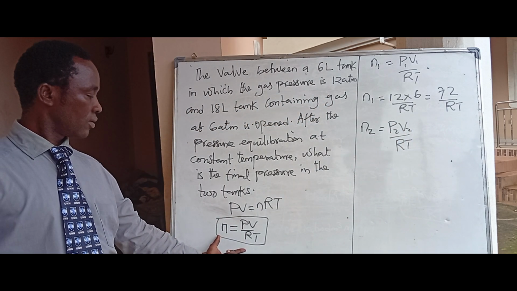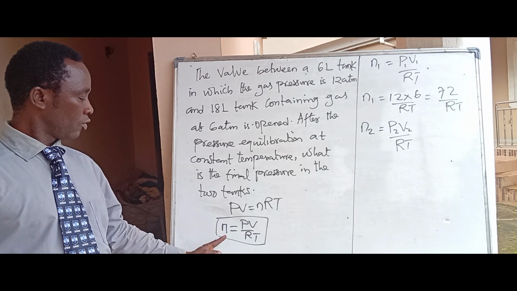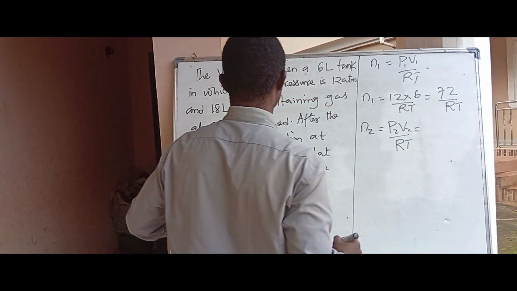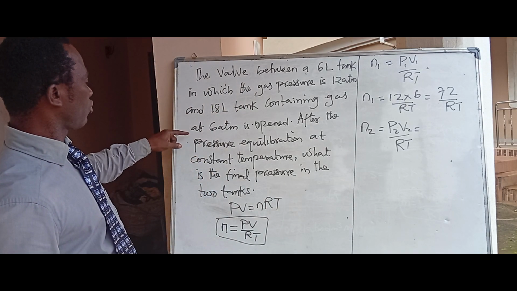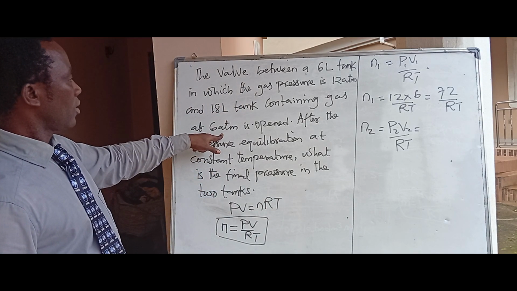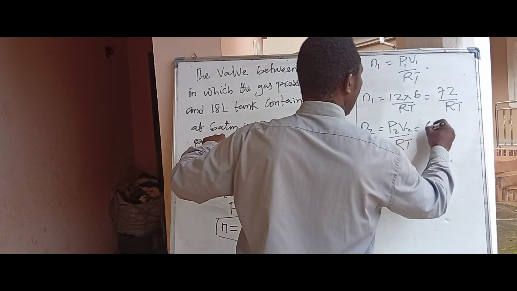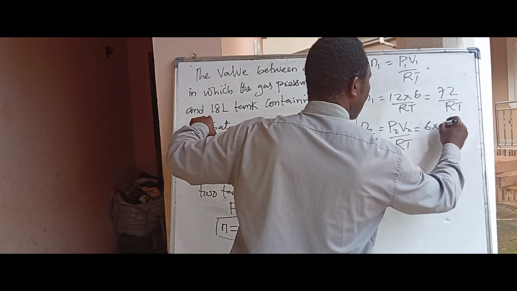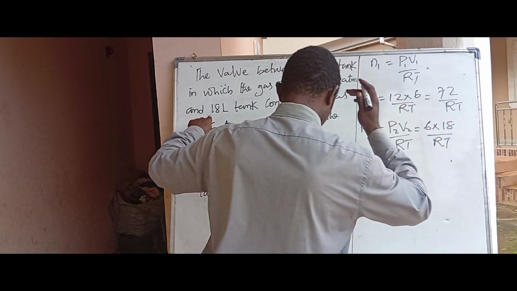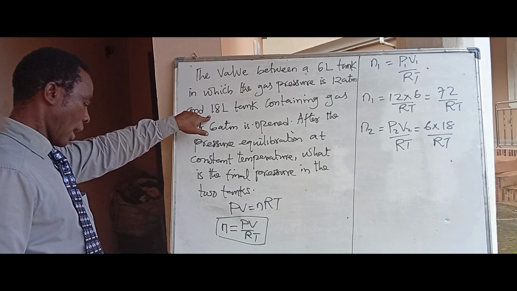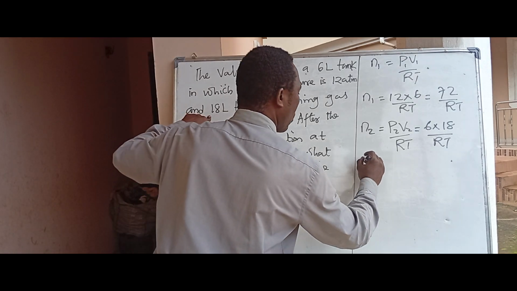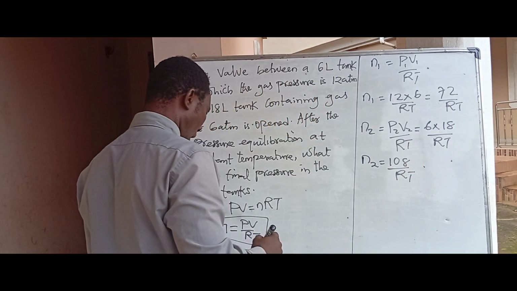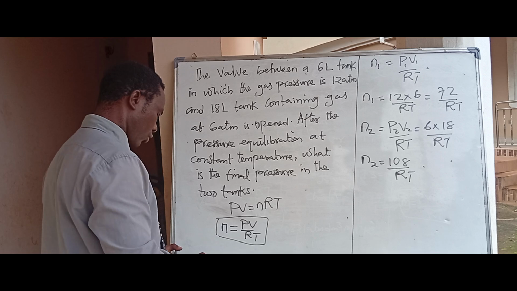My P2 is given as 6 atm, multiplied by V2, which is 18, over RT. Multiplying 6 by 18, N2 becomes 108 over RT. So I have gotten my N2.